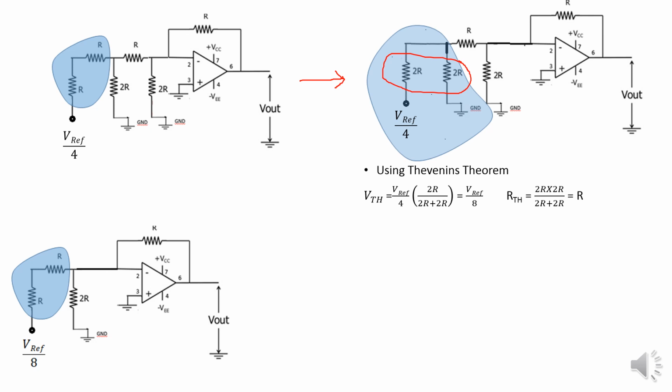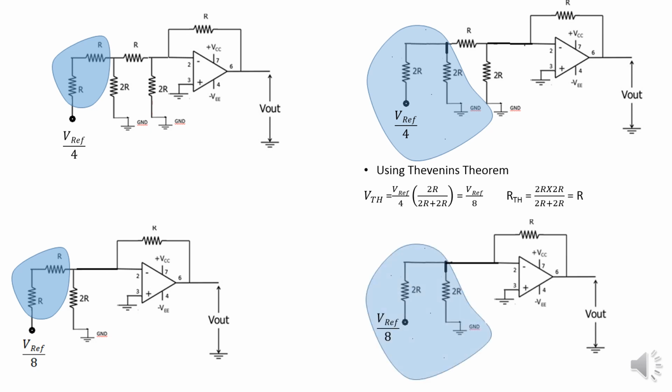Okay. So again these two series combination will become R, 2R, isn't it? So this 2R is parallel with another 2R which is connected to ground. Again by applying Thevenin's equivalence, we will reduce this one to a single voltage source and a resistance.